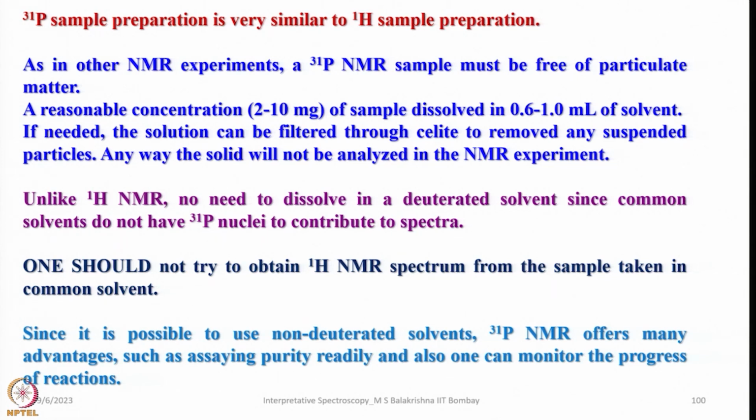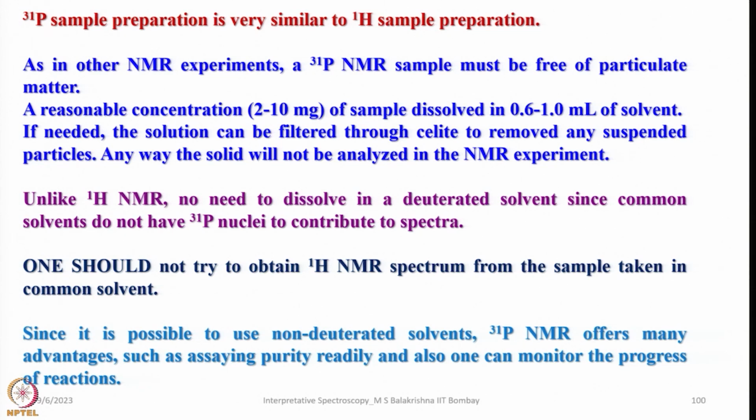A reasonable concentration is 2 to 10 milligrams of sample dissolved in about 0.6 to 1 ml of solvent. If needed, the solution can be filtered through Celite to remove any suspended particles. The solids will not show up in the NMR spectrum, but they can create problems with homogeneity, and that results in broadening of the signals.